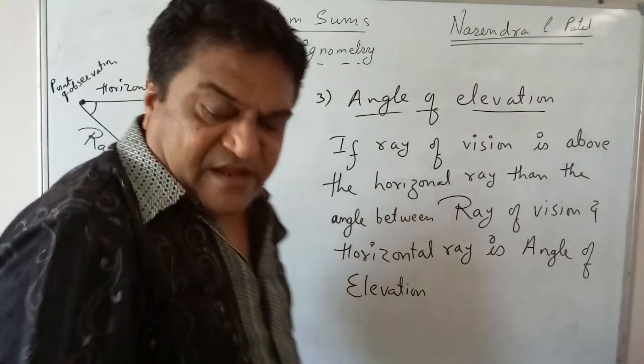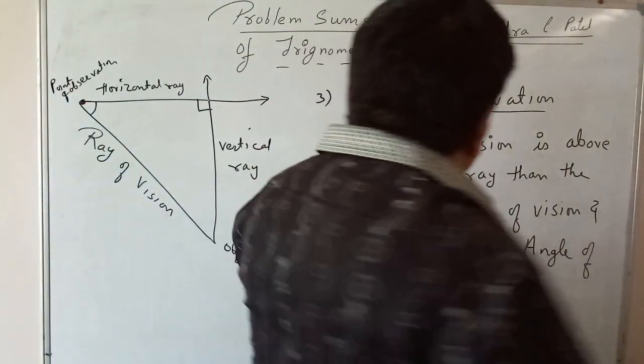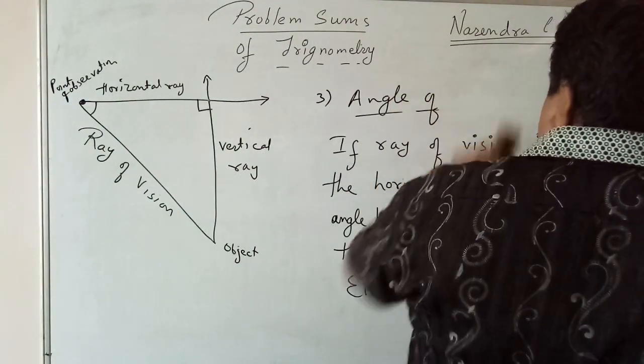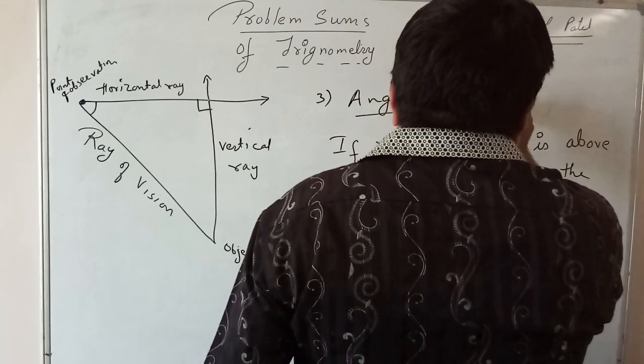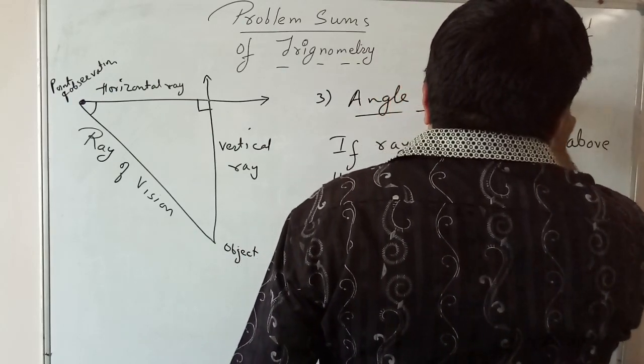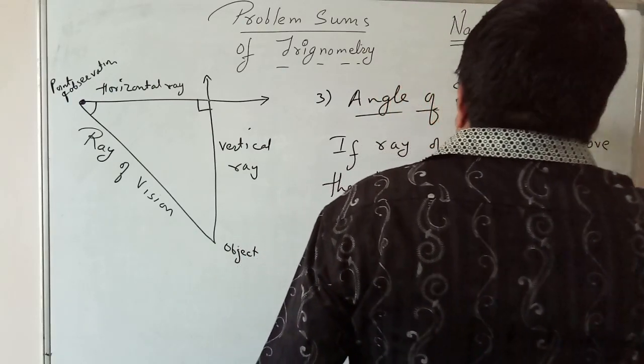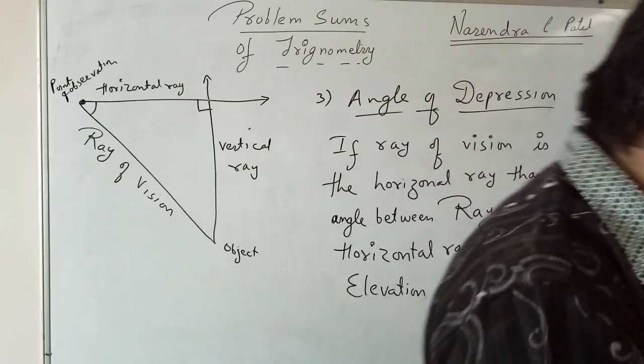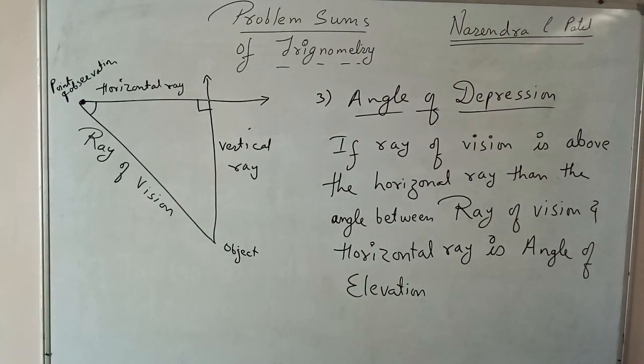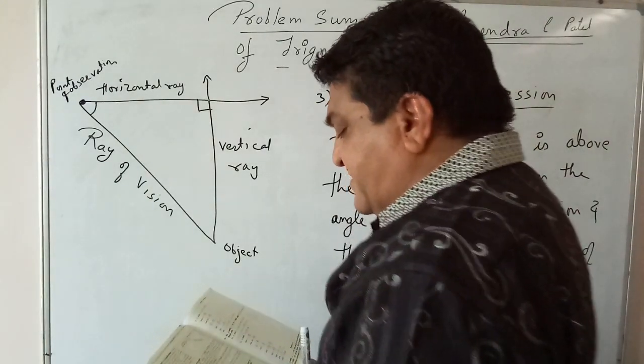Now we will write angle of depression. If the object is downward, then we will write angle of depression. This is the angle of depression. The same definition you have to write, with a slight change.